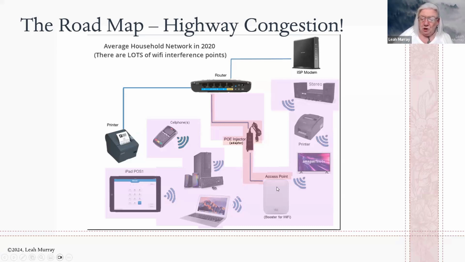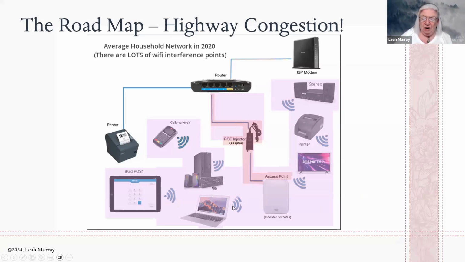This booster, in turn, has to manage all of those pieces of information and talk to the router and talk to the internet. And this single pipe ends up handling an awful lot of information. And of course, you start to get lag, you start to get interference, you start to get places in your house where your cell phone or your iPad drops out.